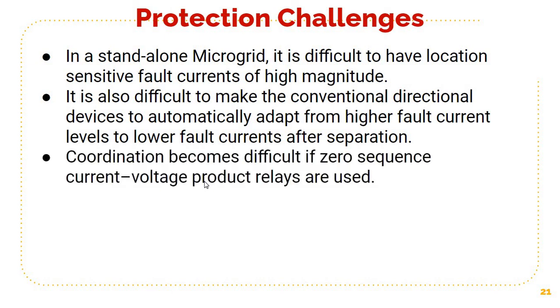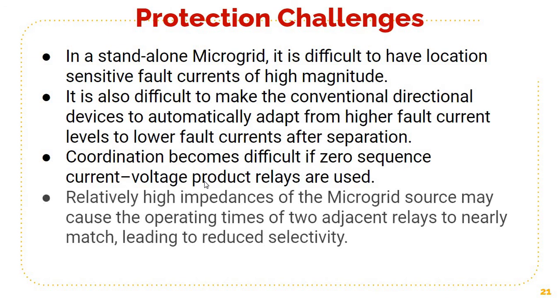Now the coordination becomes difficult if zero sequence current voltage product relays are used. Now the high impedance of the microgrid source may cause the operating times of 2 adjacent relays to nearly match. So which one should operate first is confusing, leading to reduced selectivity.